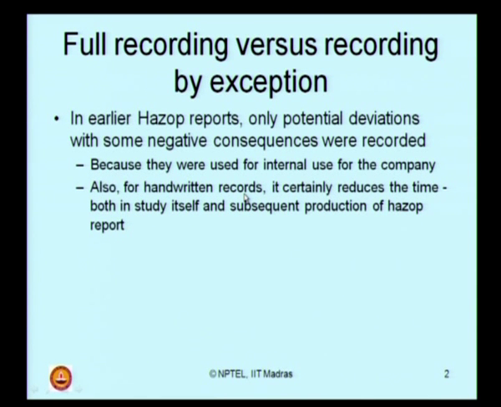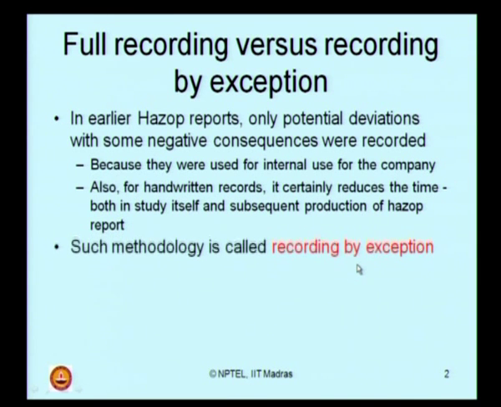Therefore, if they had identified all deviations, the report would have become very time consuming, and so in earlier stages of Hazop reports only potential deviations resulting in some negative consequences were recorded.